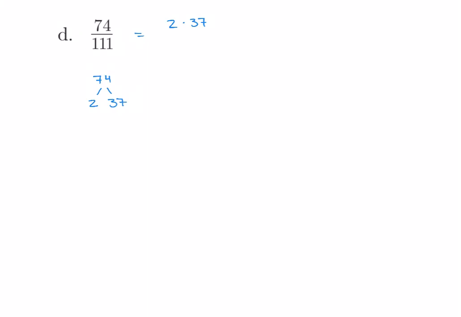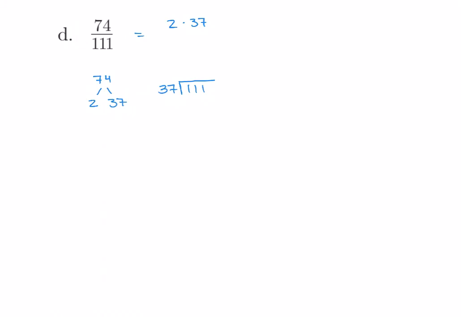So I want to use these numbers in order to factor 111. 111, I want to know, is it divisible by 2? And the answer is no. So my only way to simplify this fraction is if 111 is divisible by 37.